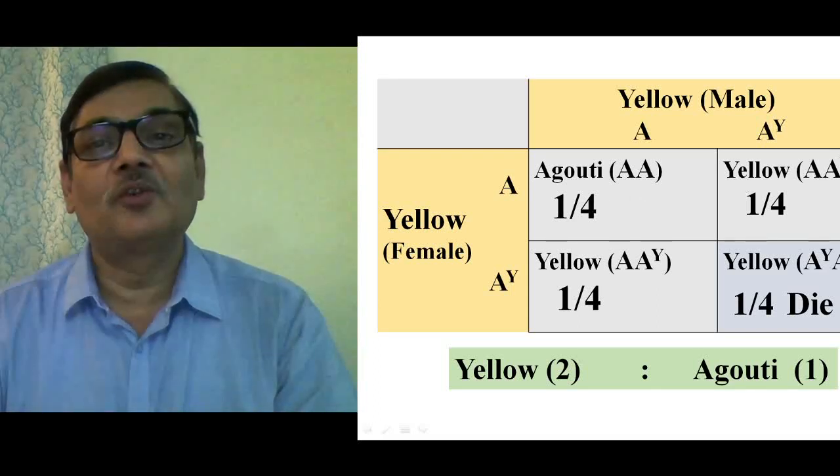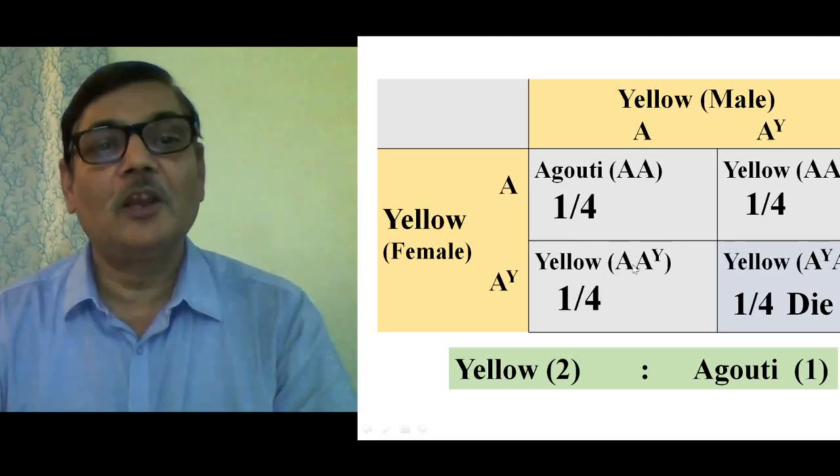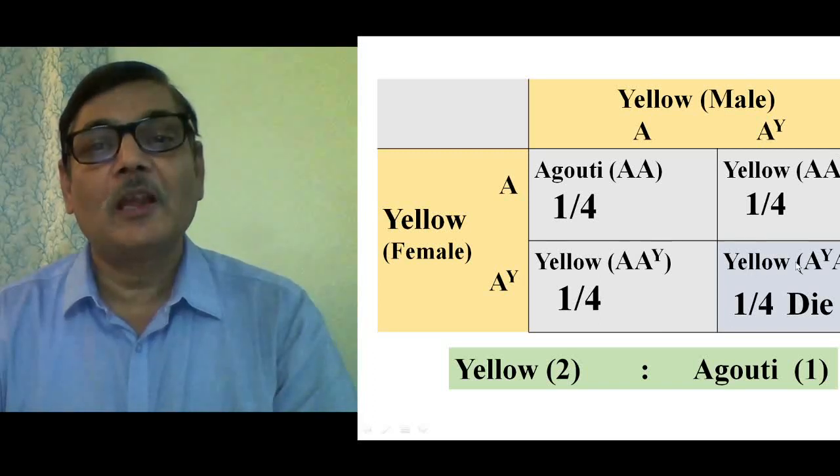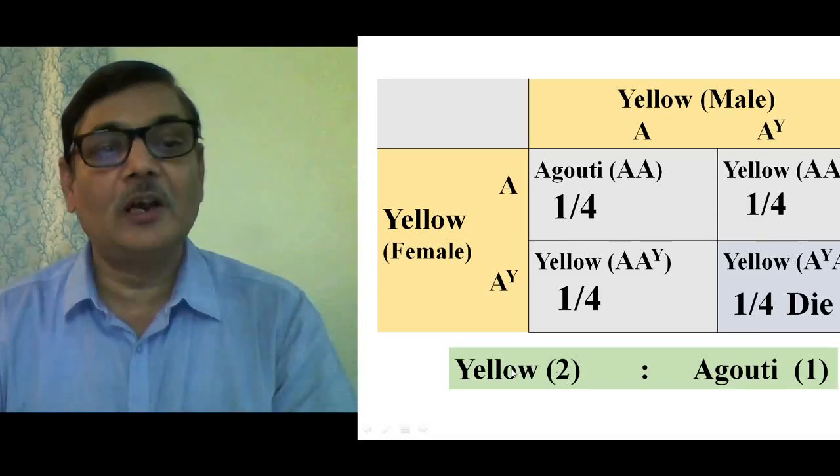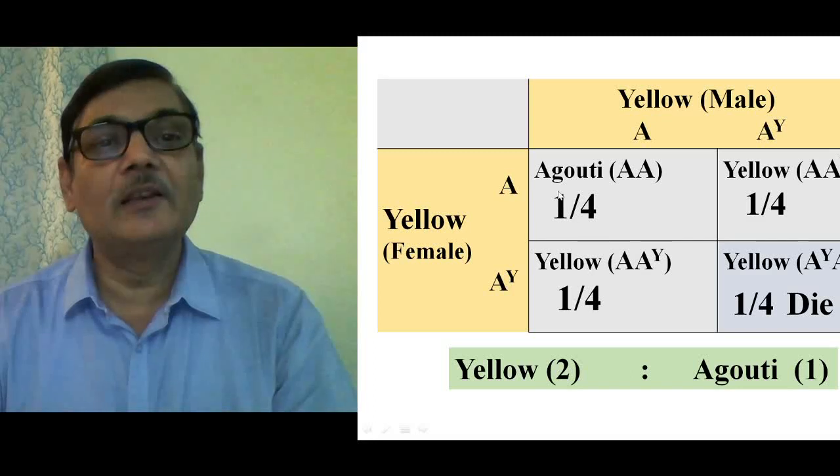Likewise, heterozygotes, yellow, will be 25%. Another yellow type will also be 25%, and A^YA^Y will be 25%. So what exactly happens? These 25% homozygous A^YA^Y types actually die during embryonic development. And this is the reason that yellow types are 2, and agouti types are 1. So a 2:1 ratio occurs in the next generation.